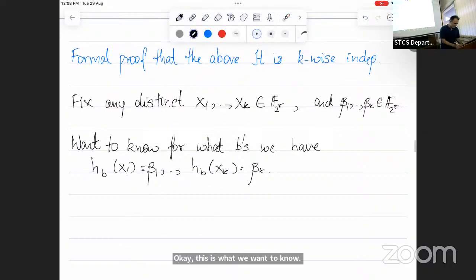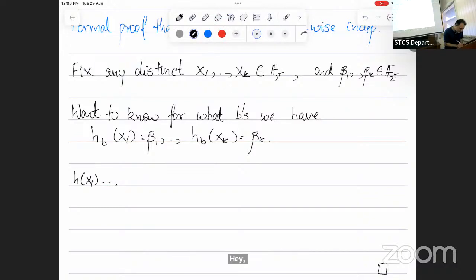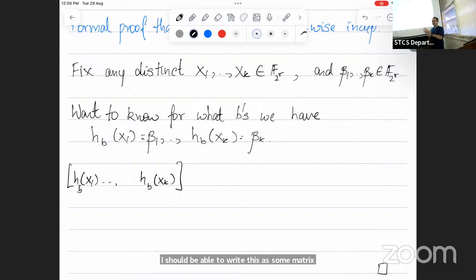And this is the same thing as saying that if I look at h_B of x_1 through h_B of x_k, I think of this as a vector. I should be able to write this as some matrix-vector product, right? So is there a way to describe what should go here?